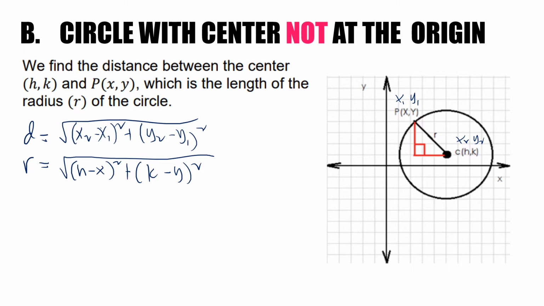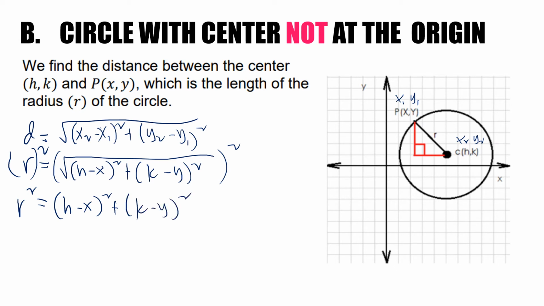And after that, we can actually get the square of both sides. So you're given r squared equals h minus x squared plus k minus y squared. So this is now your equation.